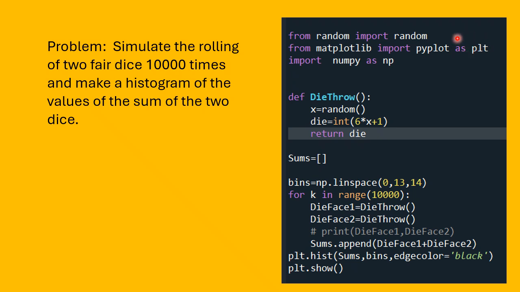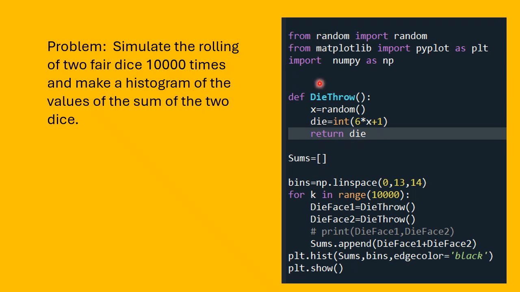We put this as plt here so that we don't have to write pyplot a lot in the code down here whenever we're going to use pyplot. We'll just say plt instead, a shorter reference to that library. So then import numpy as np. So these are the things that are imported.